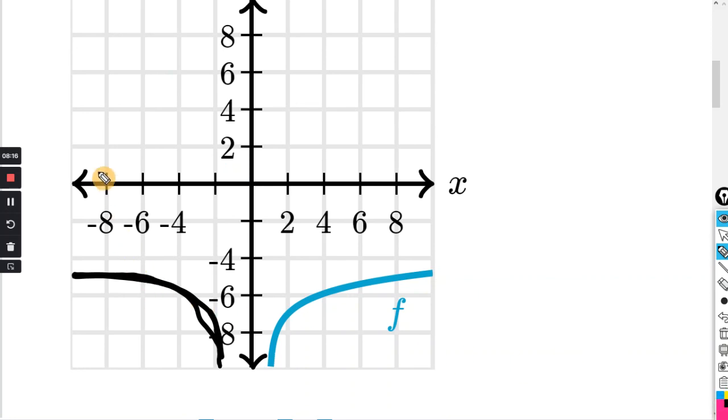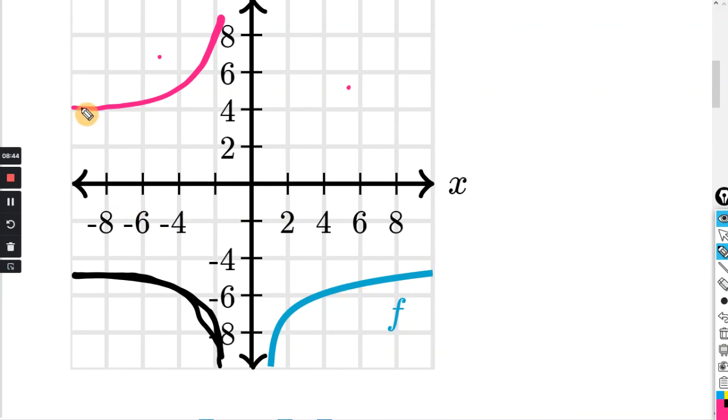So if I took this one here and reflected it, it would basically be like that. So this is what we're looking for on our choices. The one in pink is in the second quadrant here. This is quadrant 1. This is quadrant 2. It should be just like this, except up here.